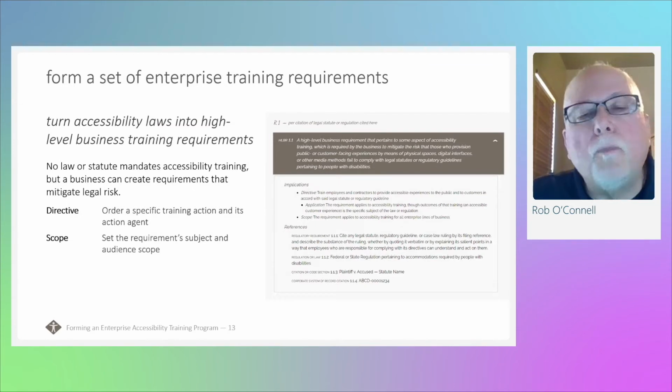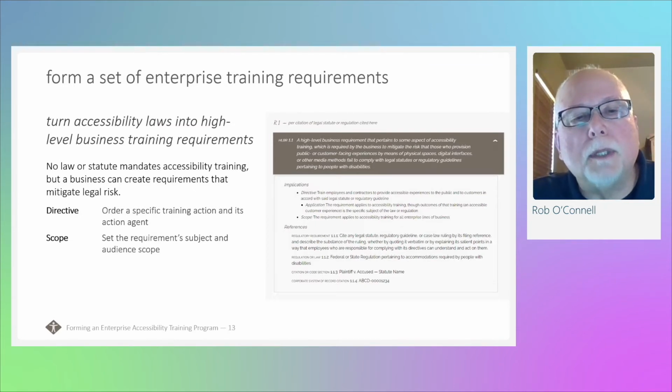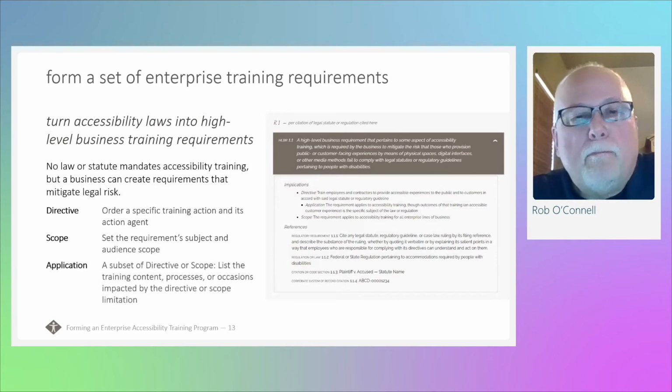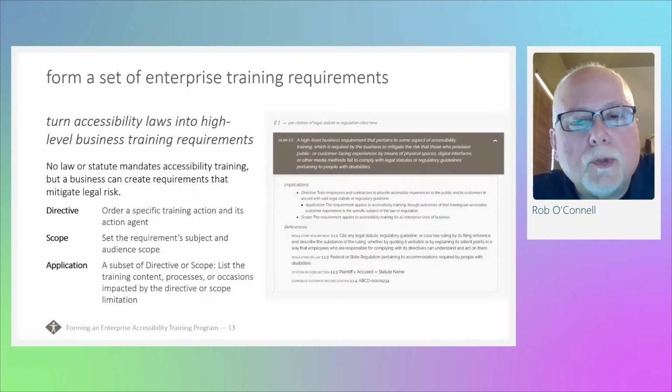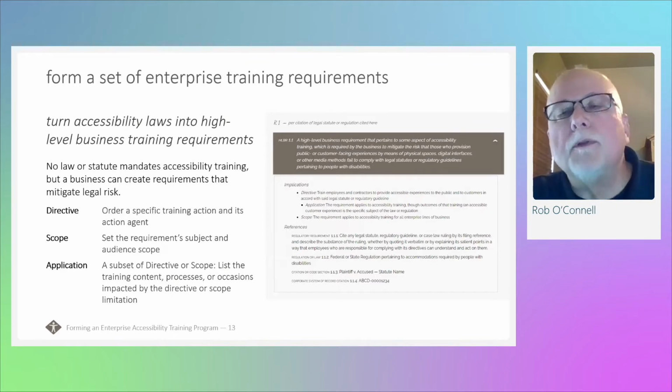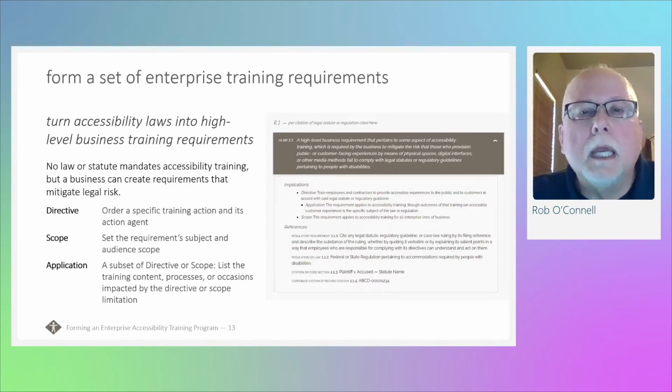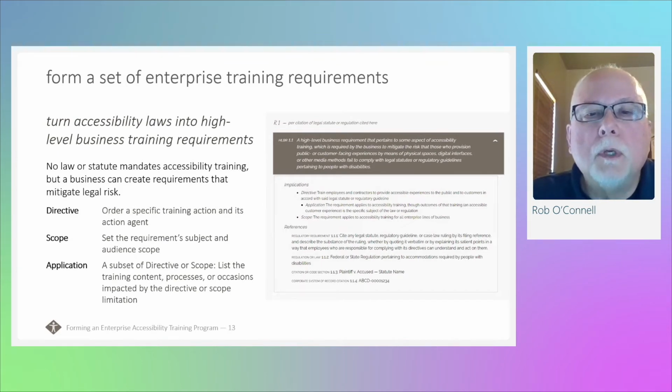We would set the scope very clearly then as to the subject and the audience of that directive and any impacts that it would have, the application in lines of business, because we just wanted to make sure that we were specific enough that we could turn this into role-based training and make sure that we align to these high-level business requirements when we build our training modules.